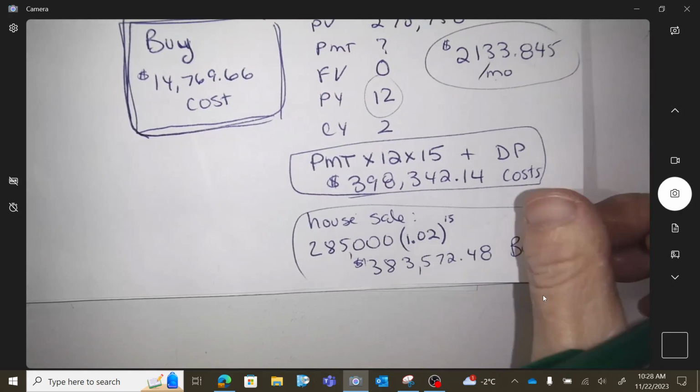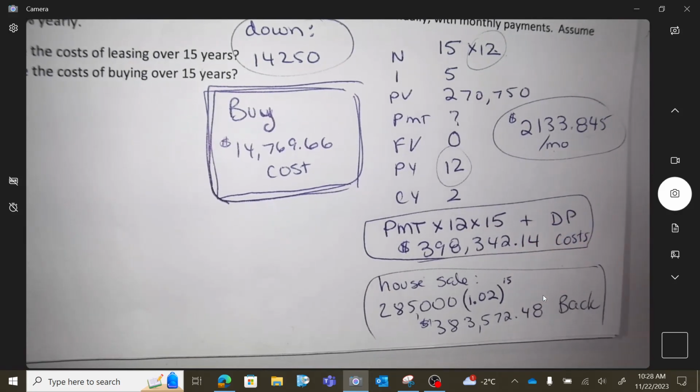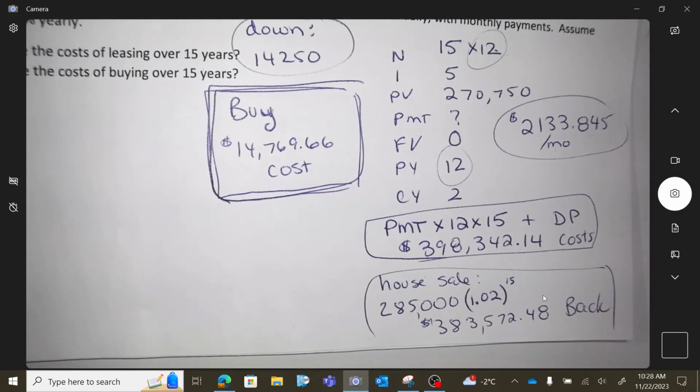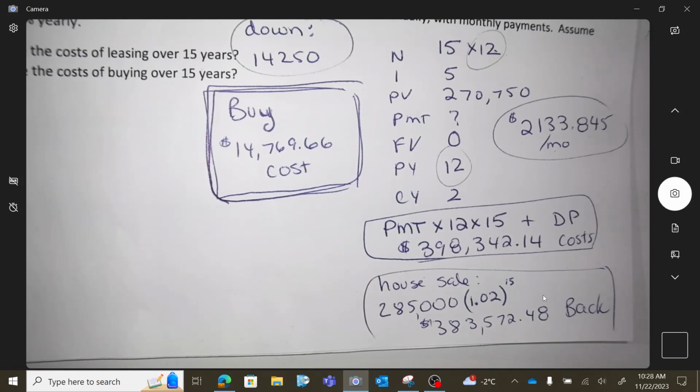So there's the overall cost, because I took away the money that I got back at the sale. And we know this about house sales, right, better than renting, because at the end of it, you have something to show for it. You have money that you can get back. Renting, there is no part of that.